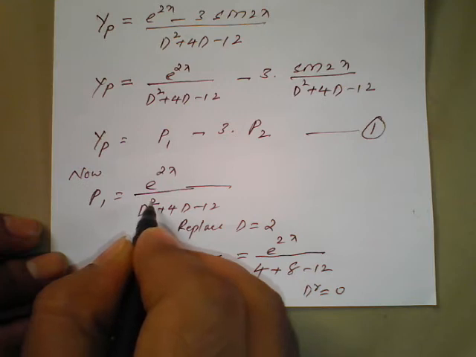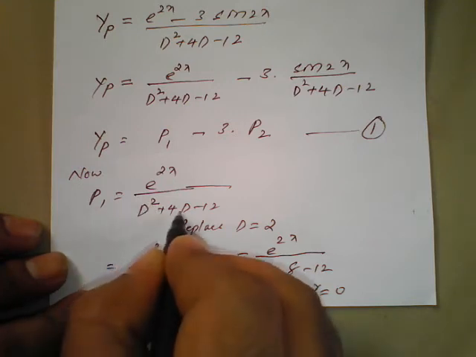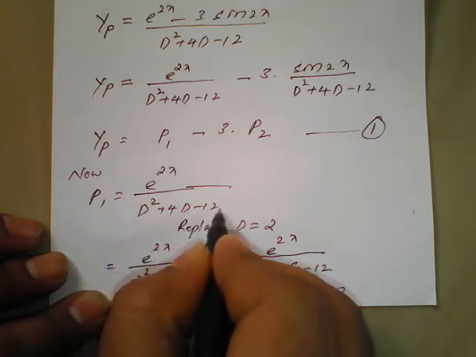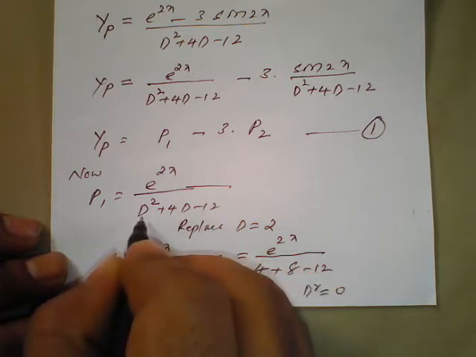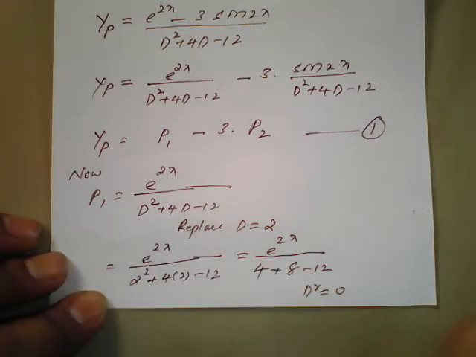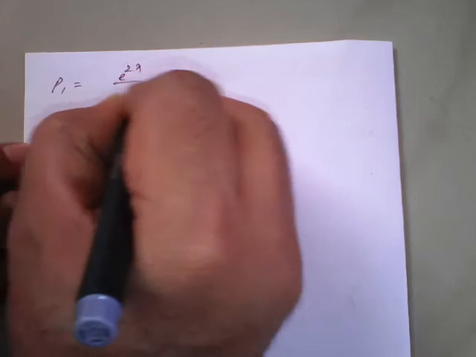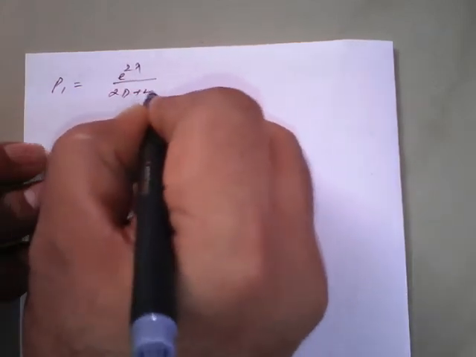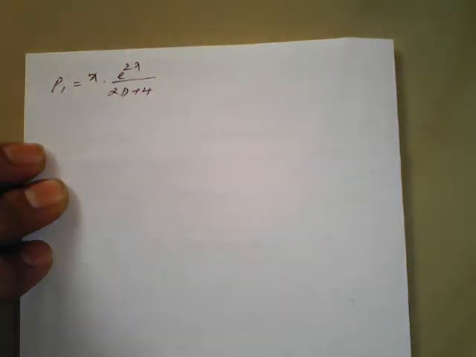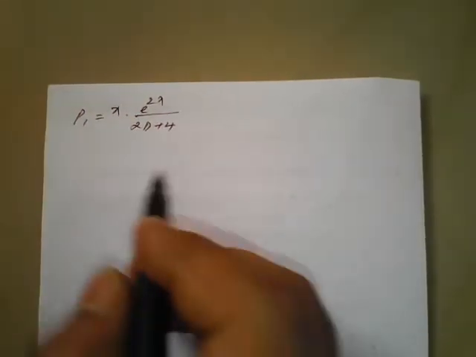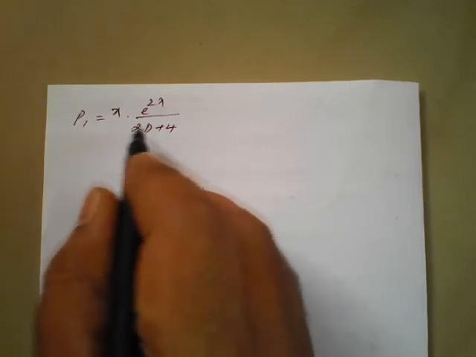Differentiation of d square is 2d, differentiation of 4d is 4, and differentiation of minus 12 is 0. So therefore differentiation gives 2d plus 4. We'll write here, p1 equal to e raised to 2x divided by 2d plus 4, but since we have differentiated once, we have to multiply by x. So here it is in simplified form.